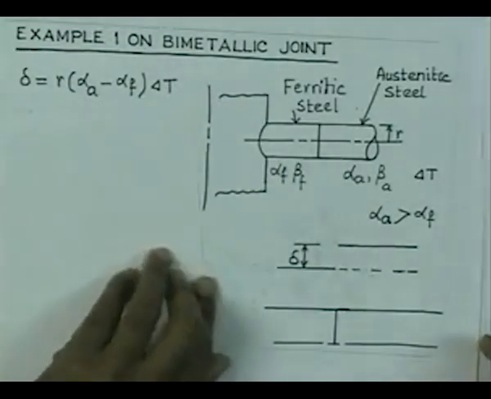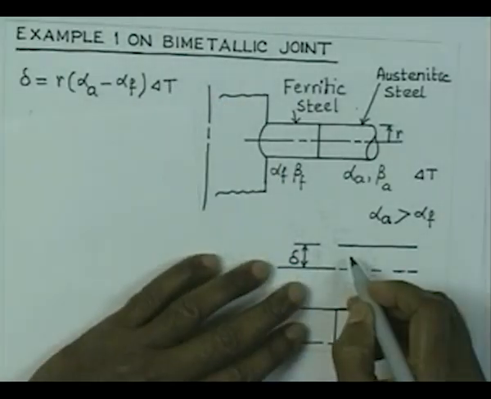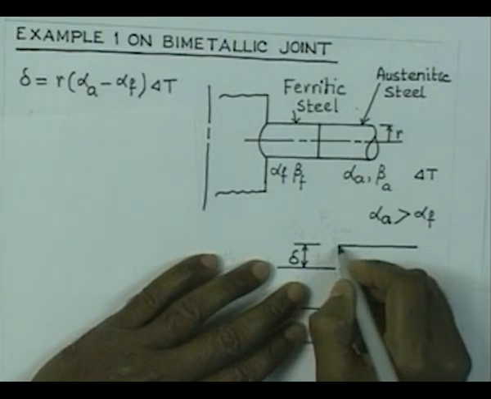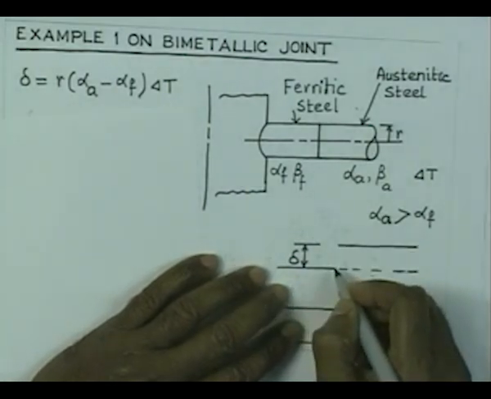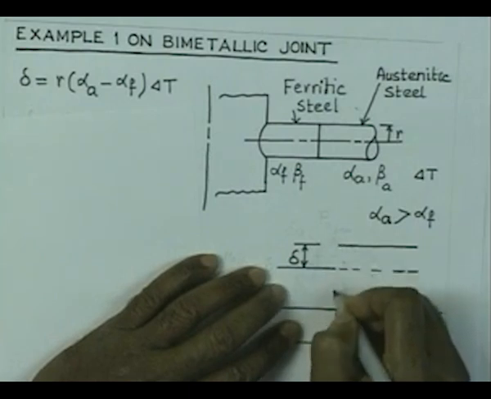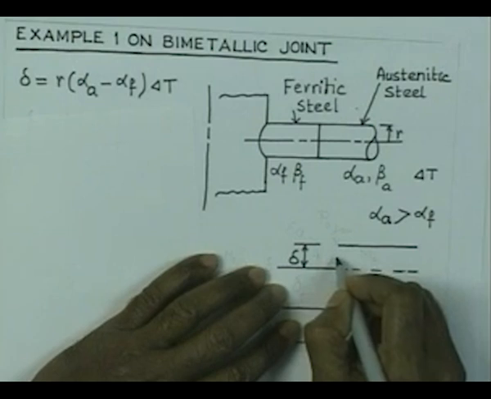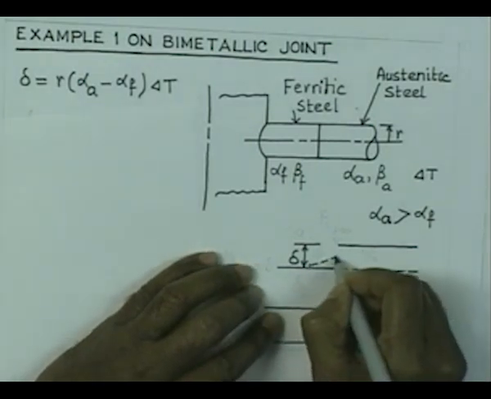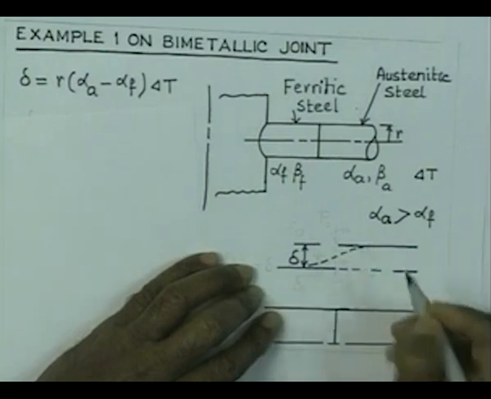So that is the differential, and this differential is going to give rise to some forces to come to a common position. That force will try to take it closer to the center, and the same force is going to expand this part outward to come to a common position. Let us say they are going to get a common deformed position like this.